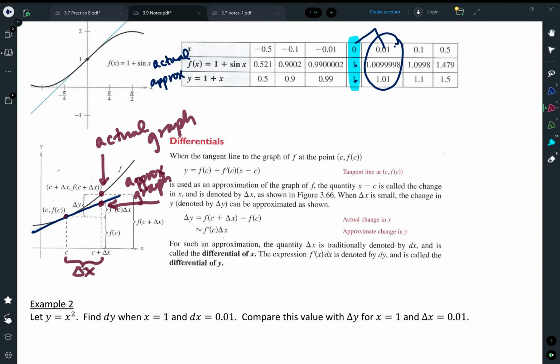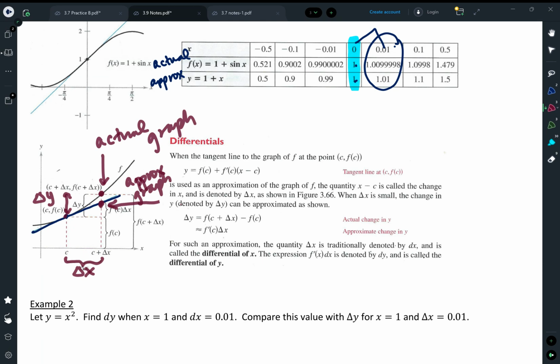So then we have the difference in y values, right? So my y value should be right here on my graph, but instead it's down here. So what's going on is my change in y value. So from my original y to my new y, my actual difference on my actual graph is delta y.